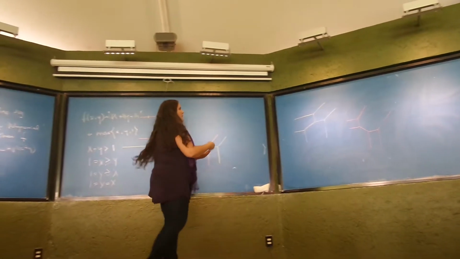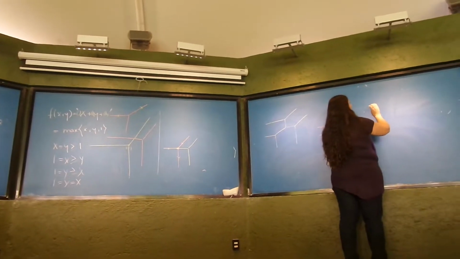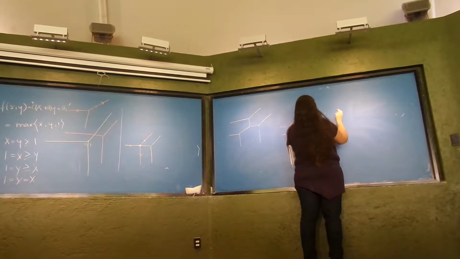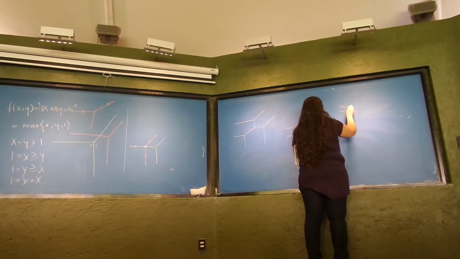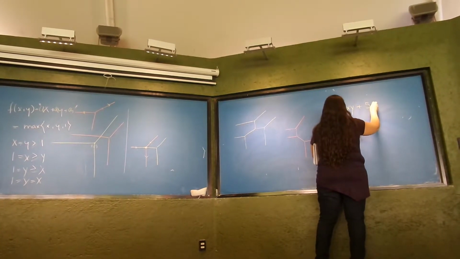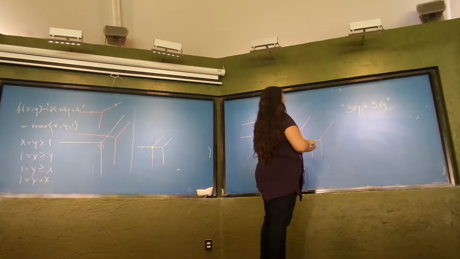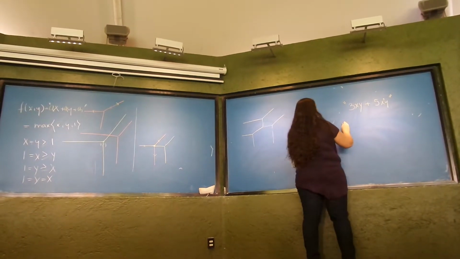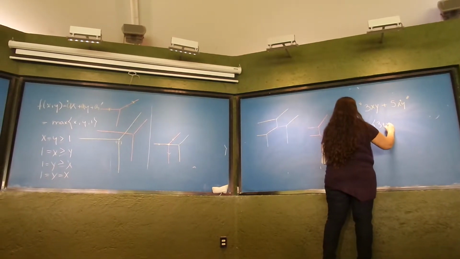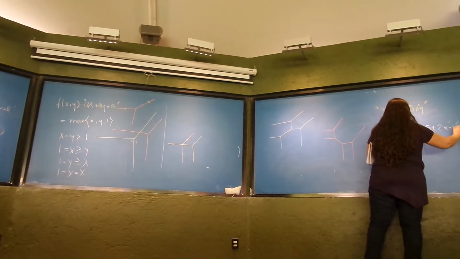I'm going to make the example of two monomials to show that in fact you will always have this rational slope. For example, 3 plus x plus y, and 5 plus 3x plus y. What does it mean? It means that this is the maximum between 3 plus x plus y and 5 plus 3x plus y.